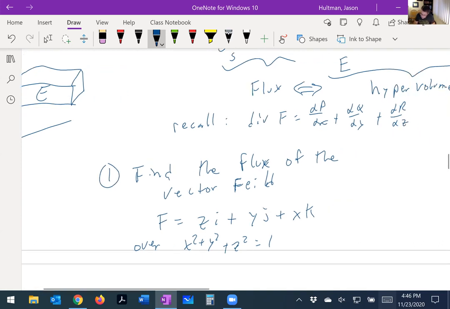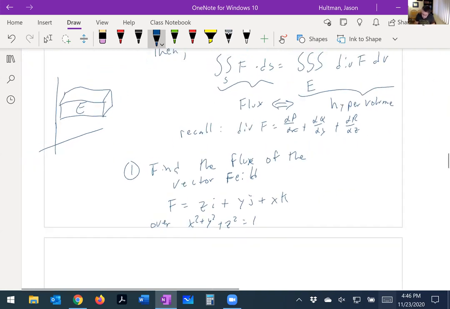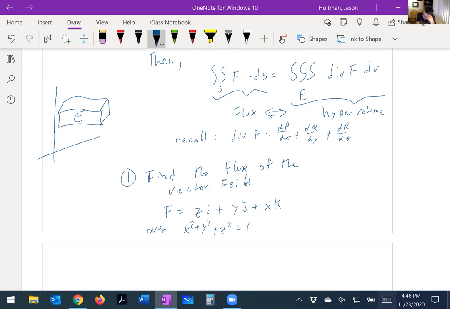So what do we want to do? We want to say, okay, the flux of this is equal to this triple integral over this volume. Okay, integrating over the volume.